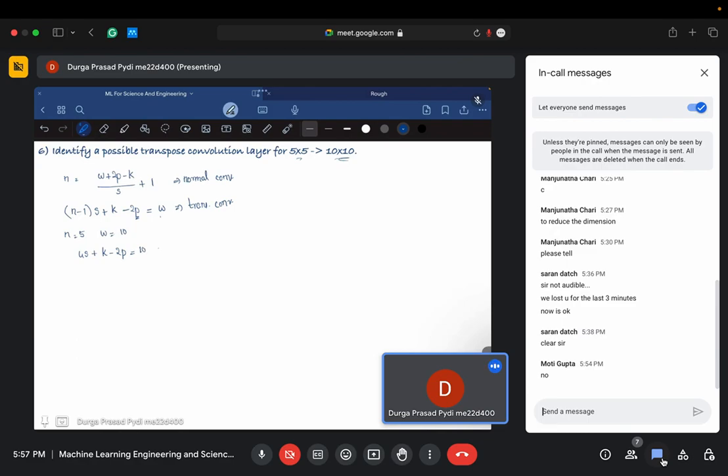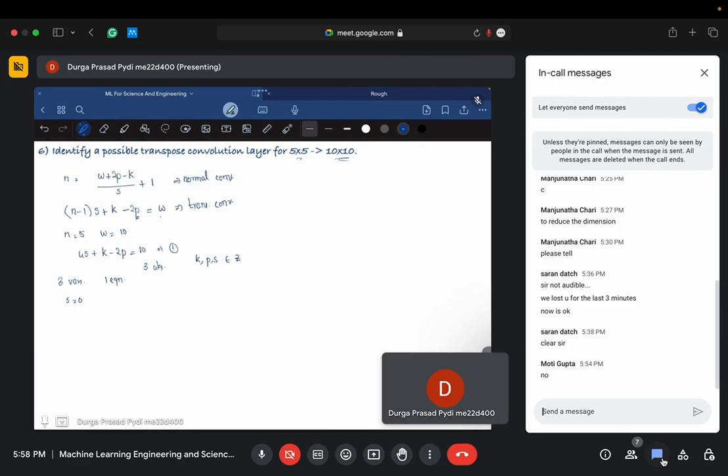Now I have one equation and three unknowns, so I'm not going to have a unique solution. I can have different answers, so let's take each case separately and solve it. First we will say s equal to 0, and another constraint is that k, p and s should all be integers.